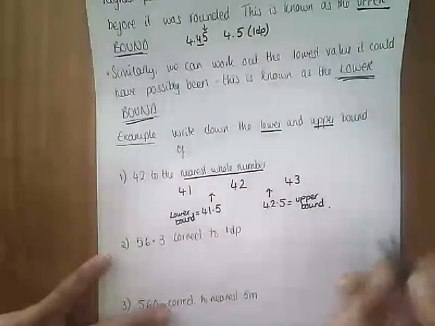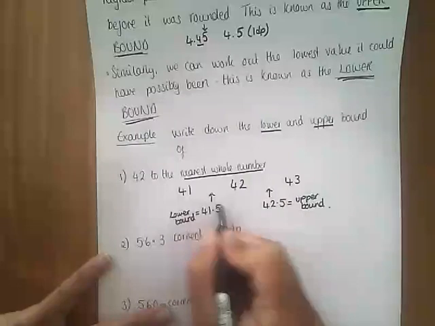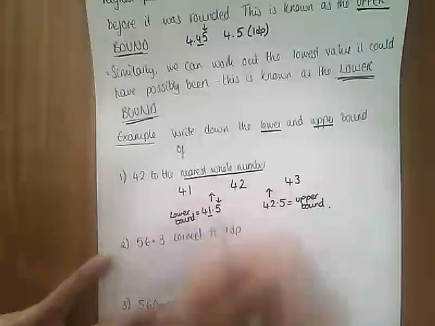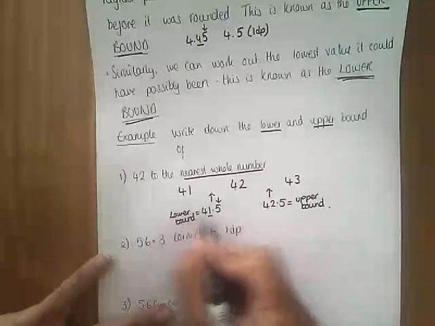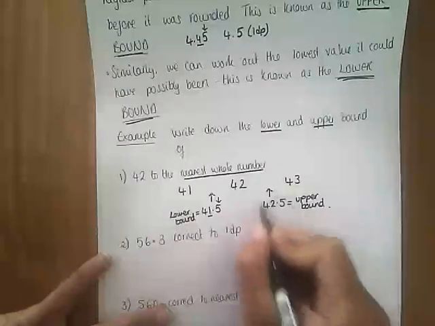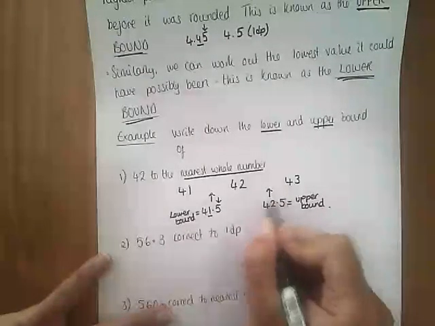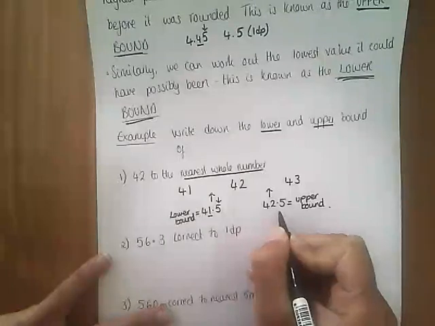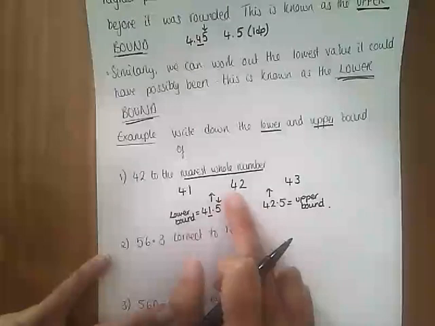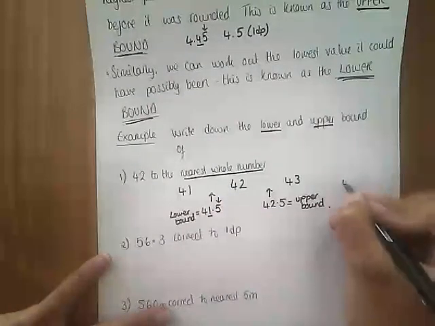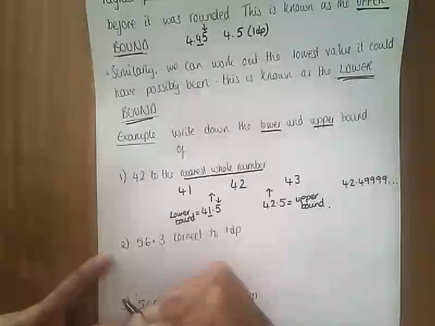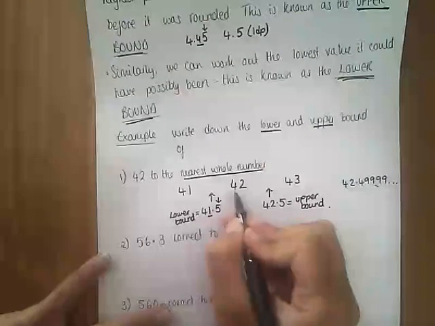Now, instinctively, 41.5, if we round that to the nearest whole number, the number next door is 5 or more, so that rounds up to 42, so that's very happy. Now here, if we were going to round 42.5 to the nearest whole number, it would be 43. It wouldn't be 42. However, if we had the number 42.49999999, that would round to 42.